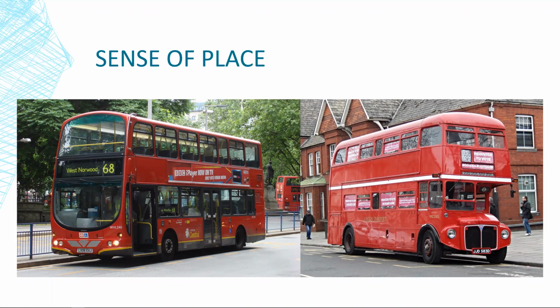Now, some unique cultural or symbolic objects can also be identified with a particular region. Take a look at the London buses, for example. Red double-decker buses. If you see them, then you immediately know that okay, I am in London, because they've become so synonymous with it. Or maybe the red public phone booth.